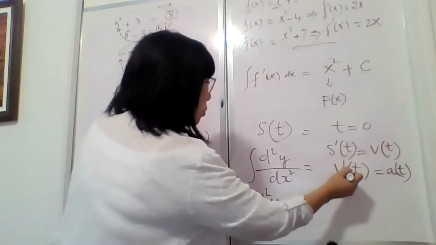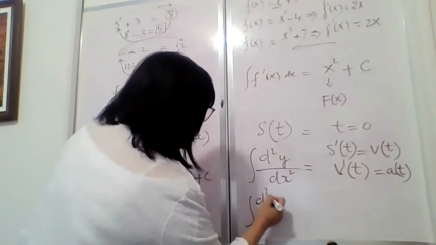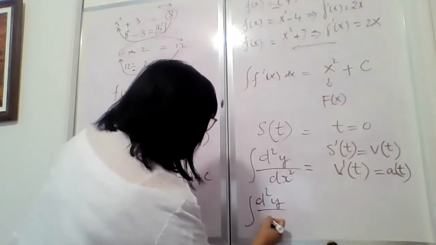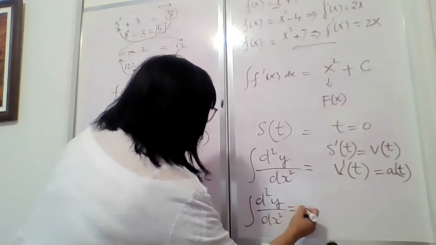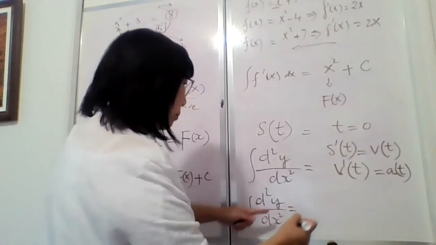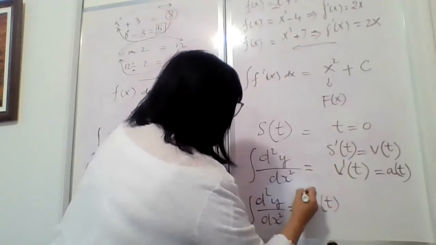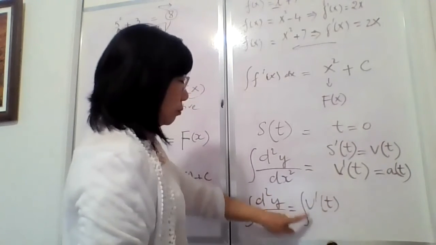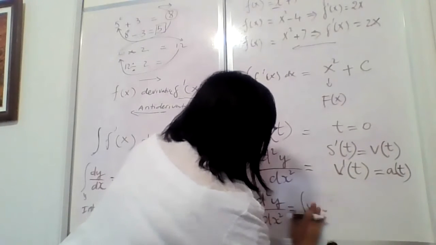So let's say you're talking about v prime of t here, then d squared y over dx squared is v prime of t. That will give you back v prime of t.